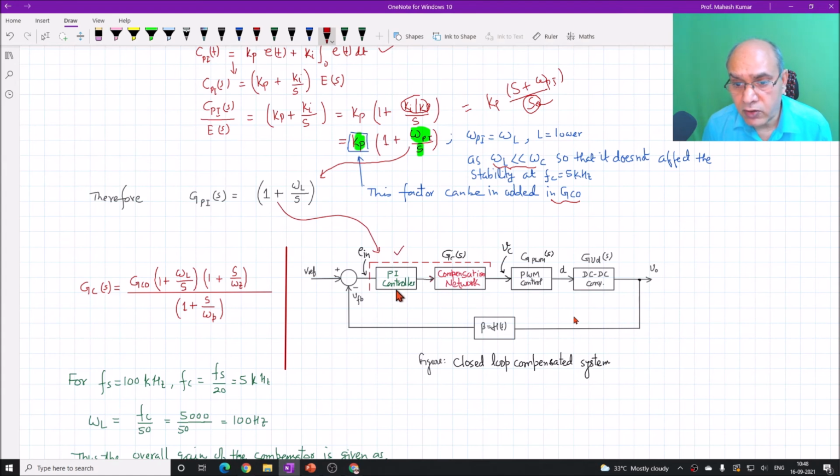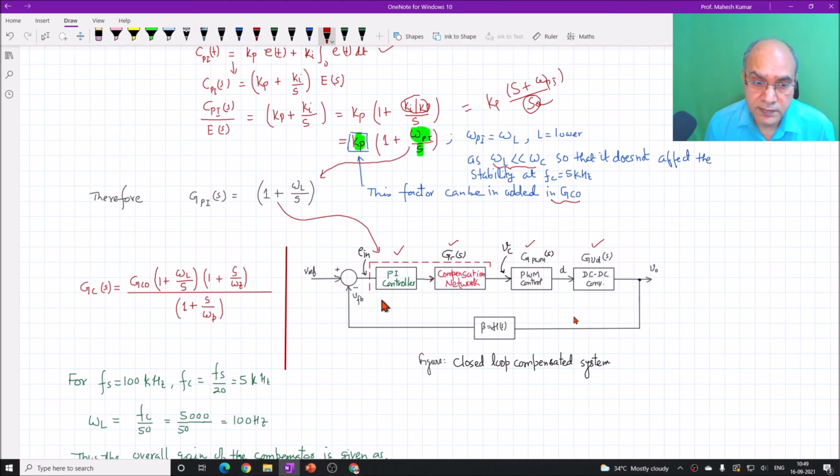So this PI controller, this lead compensator, the PWM and DC converter equivalent block, and finally the feedback system make the complete control loop for the boost converter, the complete closed loop control of the DC to DC converter.